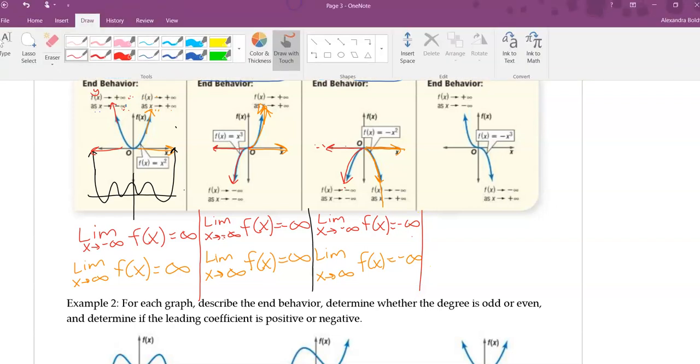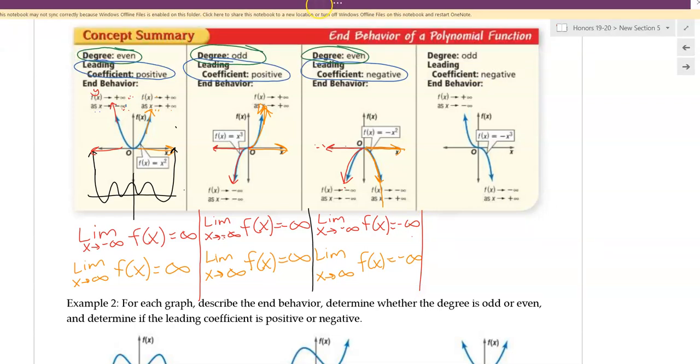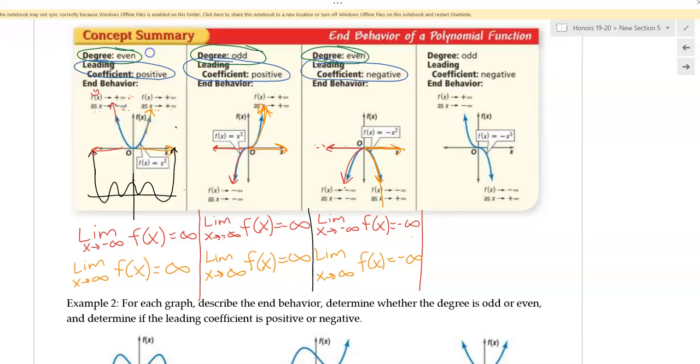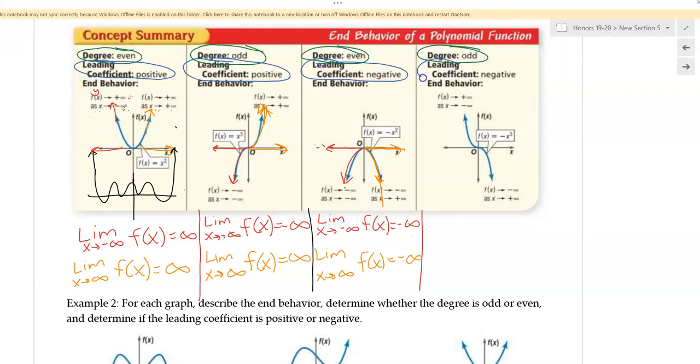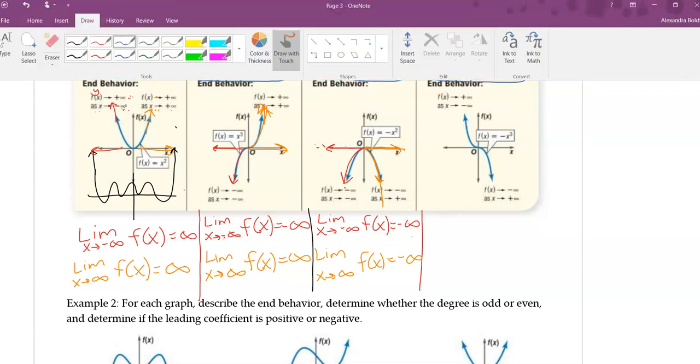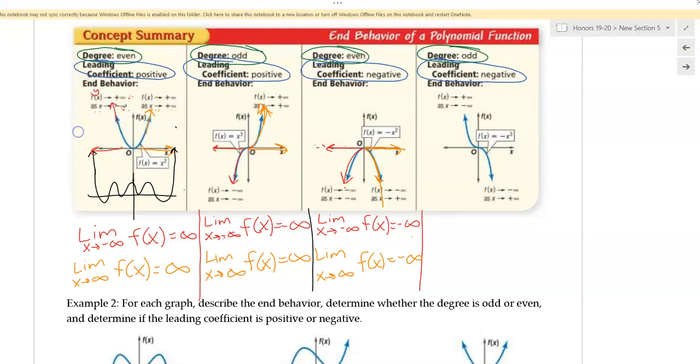Last one. We have an odd degree, and our leading coefficient is negative. Well, as I go left forever, what's my graph doing?